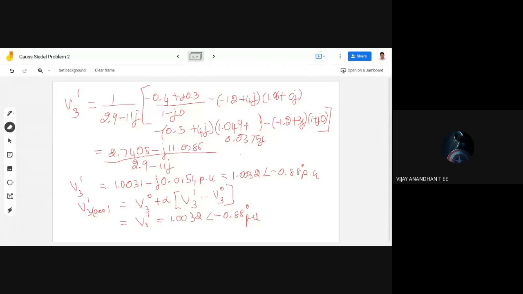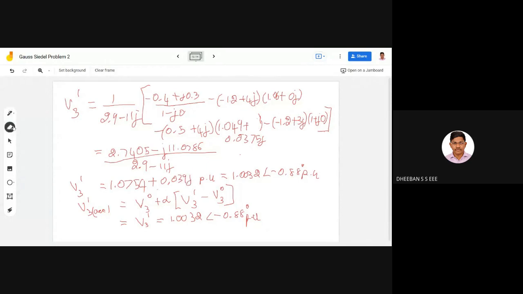What value are you getting for V3? Sir, it's 1.076 at an angle of 2.072. Tell me the rectangular form, sir: 1.0754 plus 0.0389j.